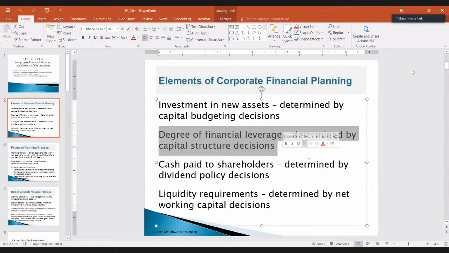So how to raise the $100 million shortfall? That's when the CFO needs to make the capital structure decision. Will the $100 million be borrowed from a bank? Yeah, that's possible, and that will increase the total debt.